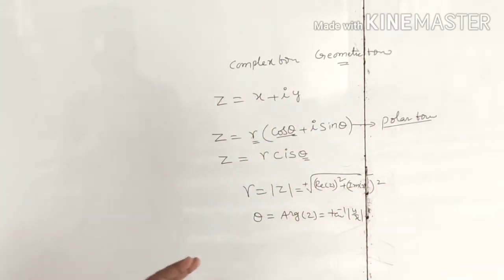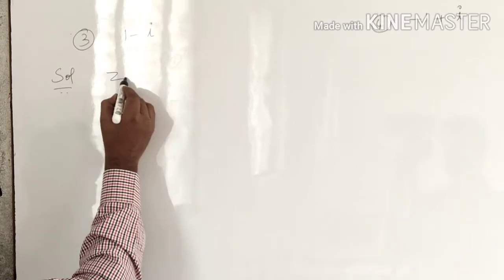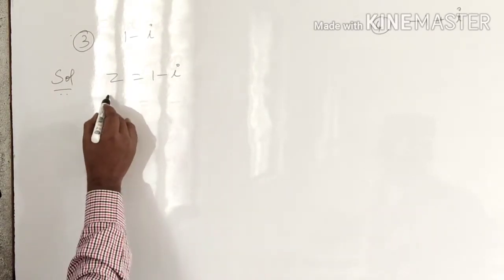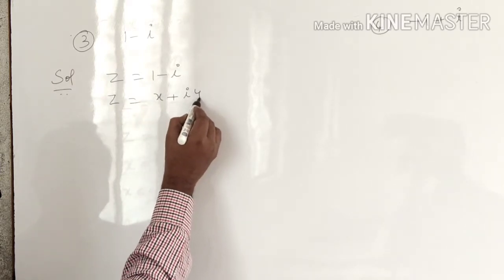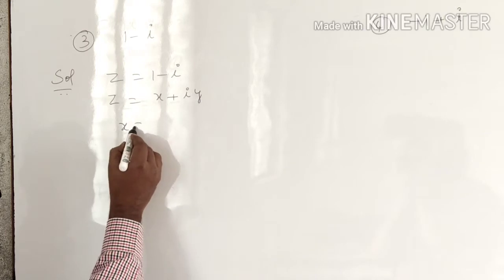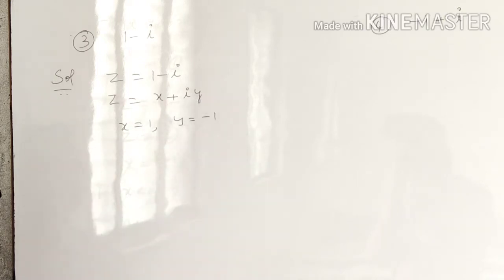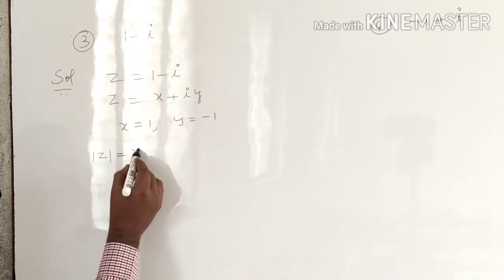Let me solve one problem, listen carefully. Given that z is equal to 1 minus i. Comparing with the z is equal to x plus iy format, x is equal to 1 and y is equal to minus 1. Now we need the mod of z, which indicates the r value.